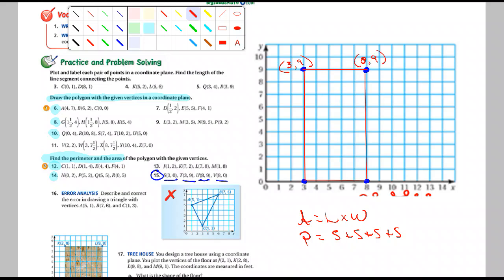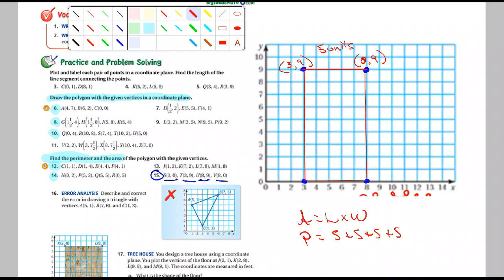A couple different ways you can do this. One is just simply count how many spaces from this dot here to this one here. And it would be 1, 2, 3, 4, 5. So that side would be 5 units.